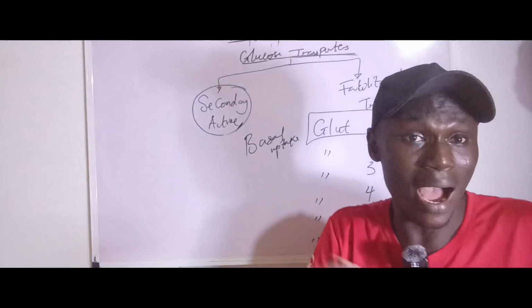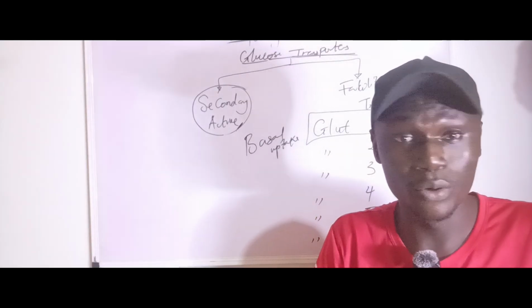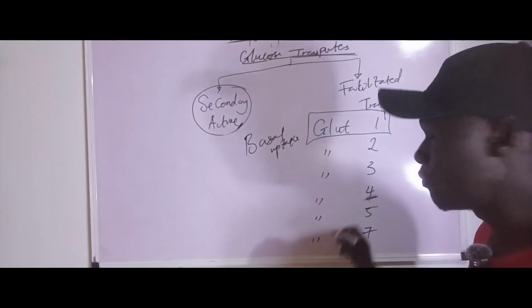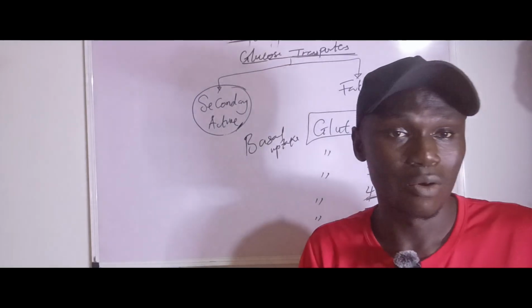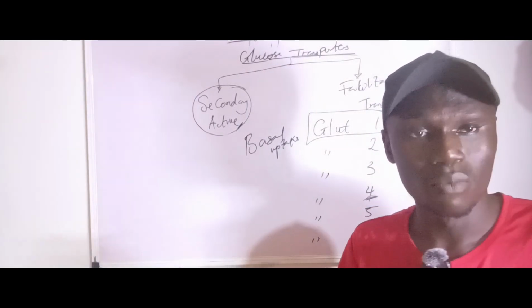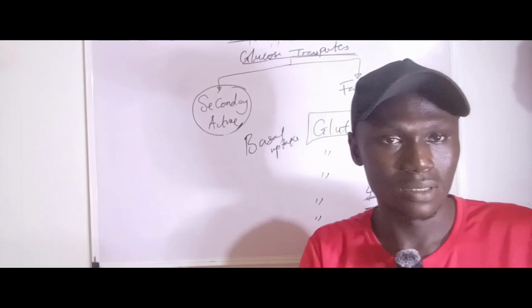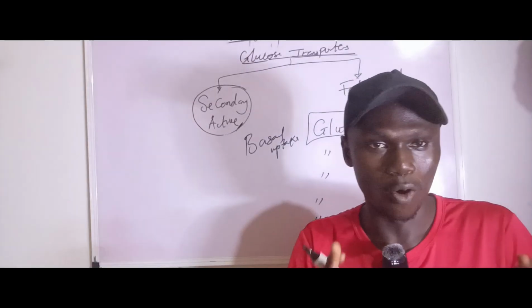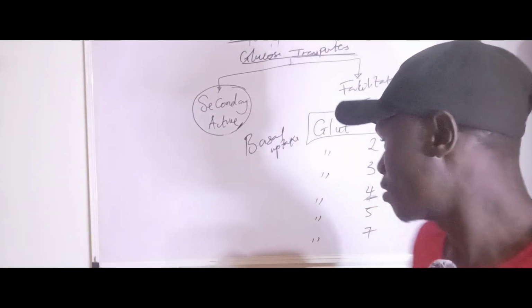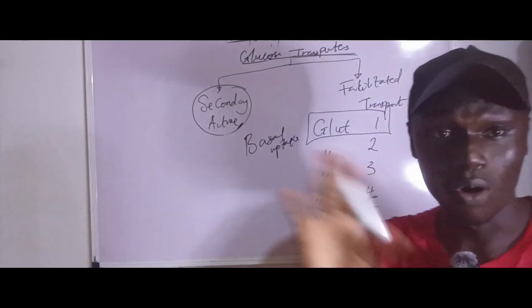But when the glucose is high, then the cell can switch to GLUT4 because GLUT4 is usually expressed when glucose level is high. We'll get to that. But for now, believe me that GLUT1 is for the basal uptake of glucose. Are you there? All right. So that's for GLUT1. It's found in all cells.